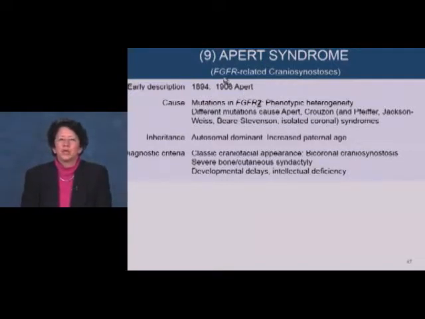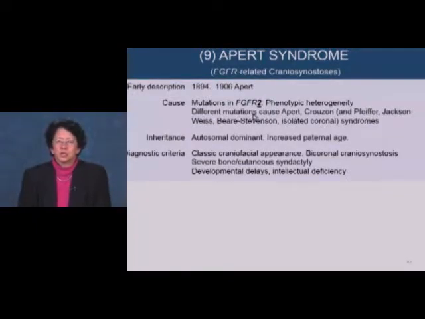FGFR is a group of growth factor receptors, and this is FGFR2. And there's phenotypic heterogeneity. So different mutations in this gene can cause Apert syndrome, Crouzon, Pfeiffer, Jackson-Weiss, Beare-Stevenson, and isolated coronal synostosis. So this is a lot for us to be thinking about when we evaluate a child with craniosynostosis.